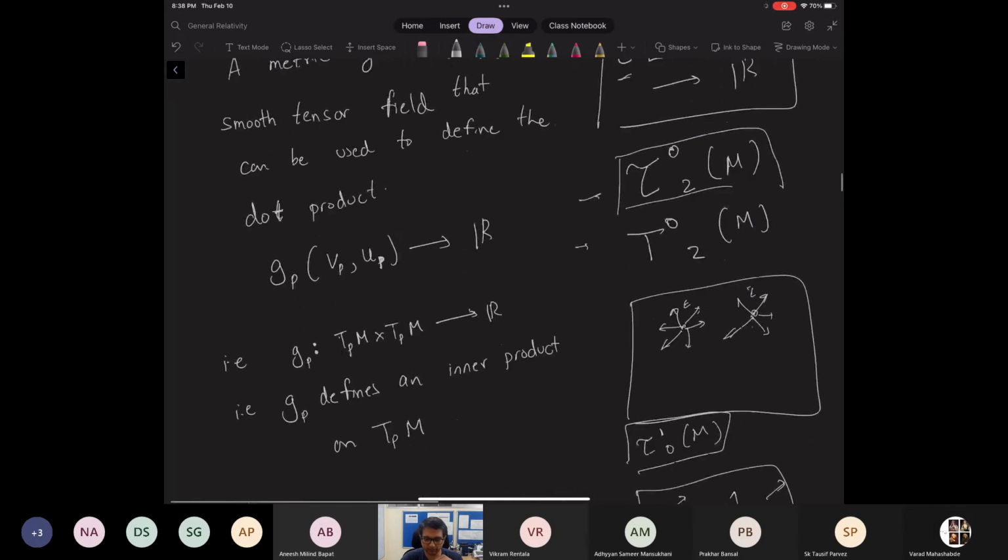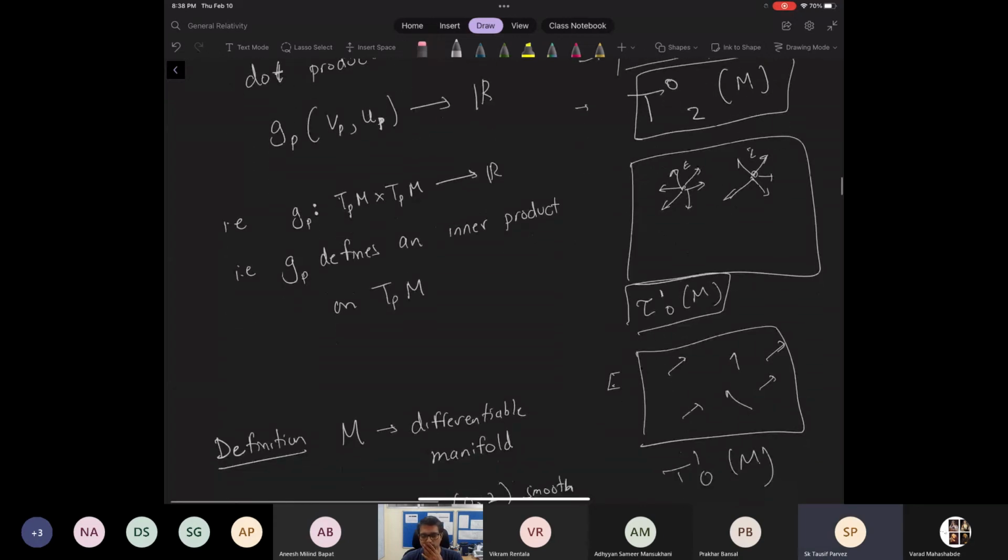So similarly, we're picking a particular 0-2 field configuration on the manifold. Once we pick that, that is what we call a metric. Okay, sir, I got it. So the manifold only comes equipped with these spaces, but it doesn't tell you which ones to pick.